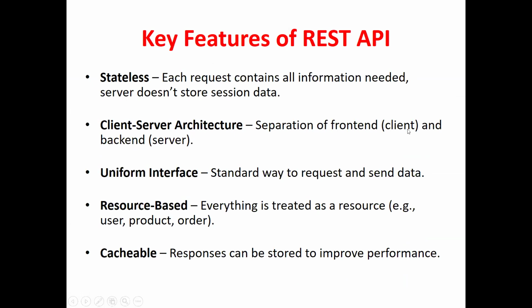Okay, when we have a REST API concept here, there is client-server architecture, separation of the front end and back end. The client is React or Angular, the backend is our server in PHP, .NET, Java, any programming language. Then uniform interface. There is a standard way to request and send the data here. Request means you are sending and you are getting.